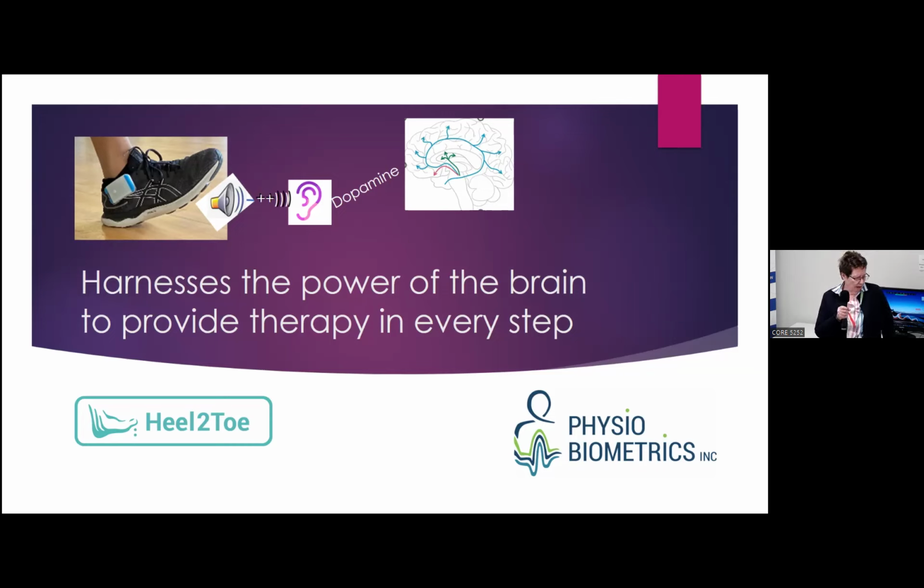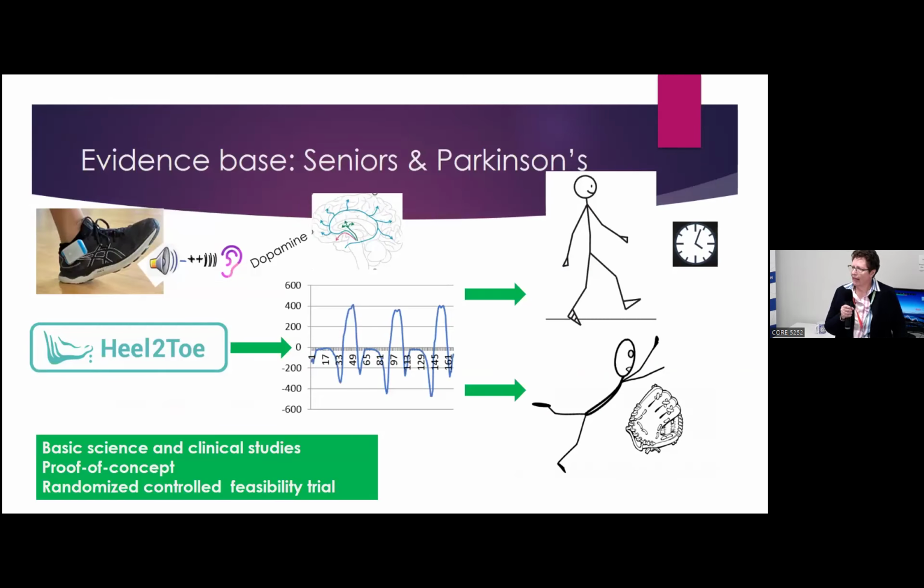This auditory feedback sets up a feedback loop, which via the dopamine system stamps that more normal pattern in, most likely through neuroplasticity. So we have an evidence base for our sensor. It exists. We know it produces dopamine, not me. I never did any of those studies.